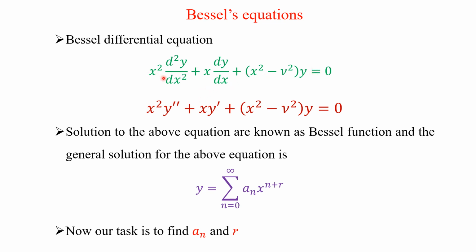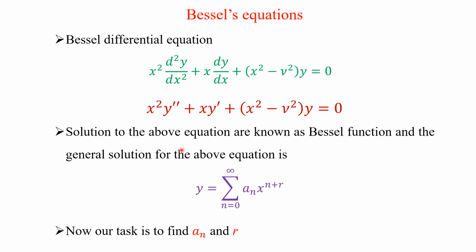This is a second order differential equation, which can be written in a simple form: x squared y double prime plus x y prime plus (x squared minus nu squared) multiplied by y, which is equal to 0. Here y is the special function and nu is the order of the Bessel function. Now our task is to find the y, that is the Bessel function.